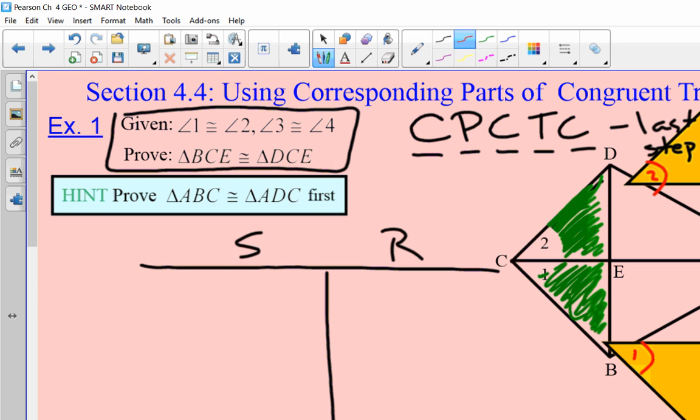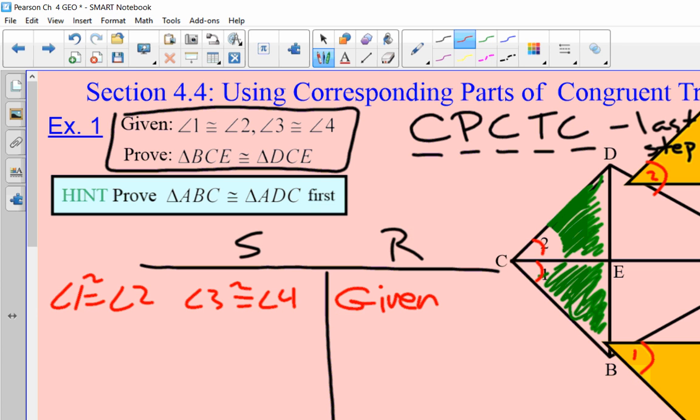So let me show that on my picture, and let's write it down too. Angle 1 is congruent to angle 2. Angle 3 is congruent to angle 4, and that was given to us.